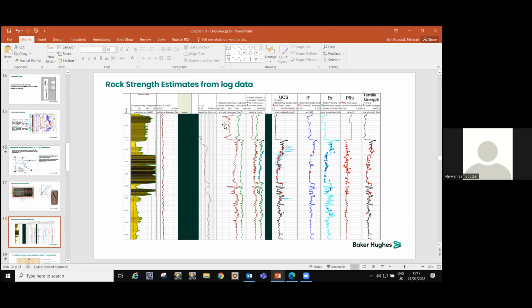Fast formations is when the formation arrivals arrive before the casing. This happens usually when you have anhydrites. It can be tricky when you are interpreting your cement bond log, but as soon as you have the information, it's simple to get through it. I hope it answers your question.